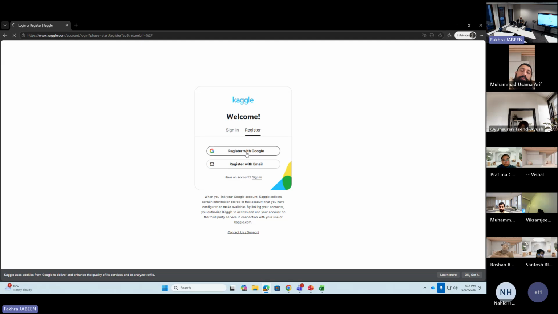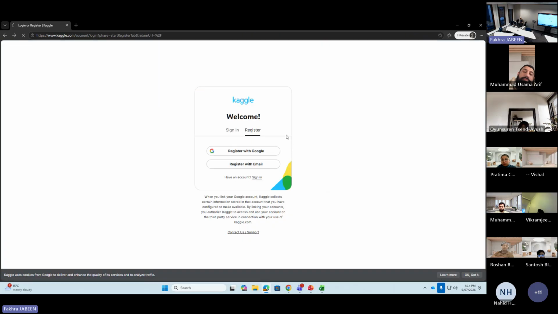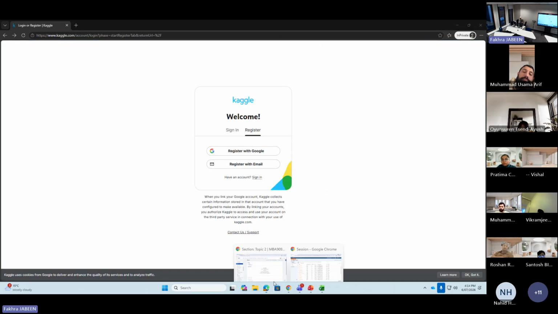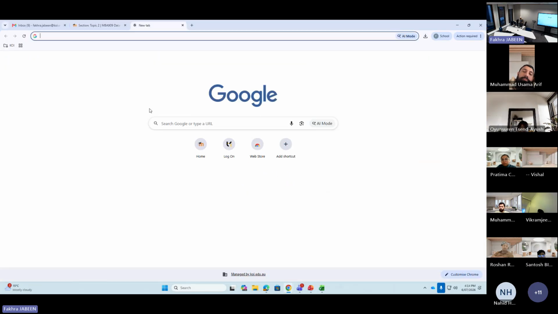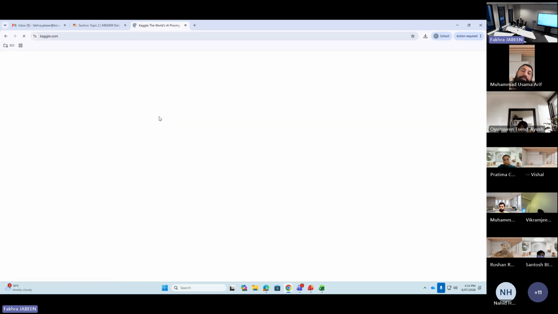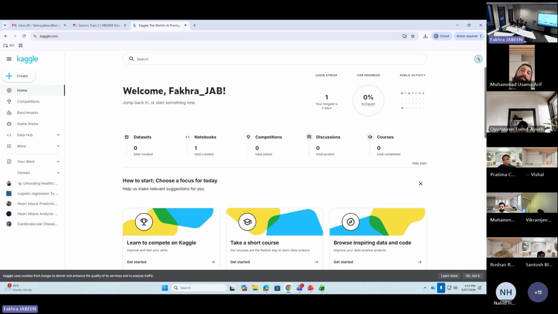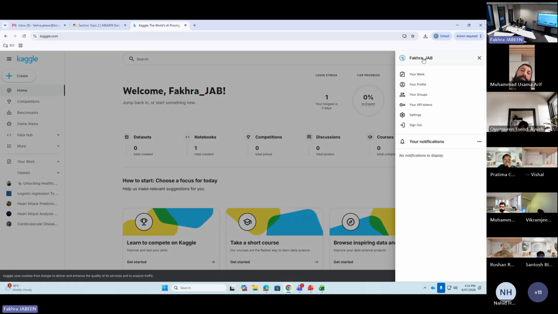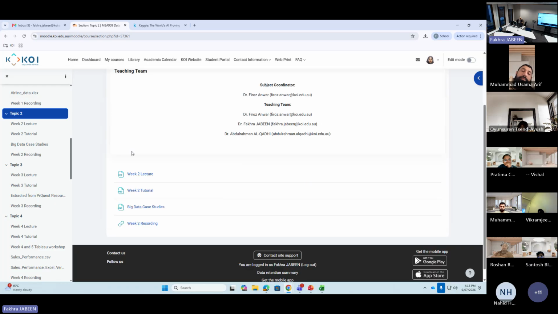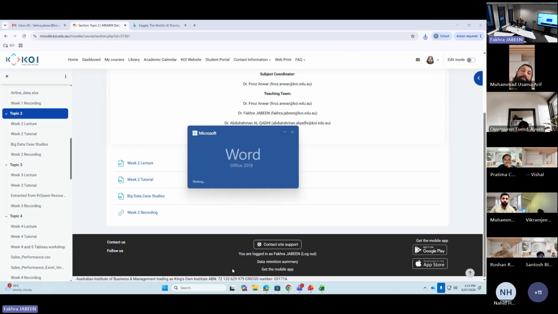Since I already have a Kaggle account from my KOI email, I will go back to the same browser where I've signed in with my KOI email and put Kaggle.com here. I will try to sign in with my Google, and you can see that I have signed in. Everyone should be able to sign in to your Kaggle accounts today. That's one of the tasks that must be done during the tutorial time.